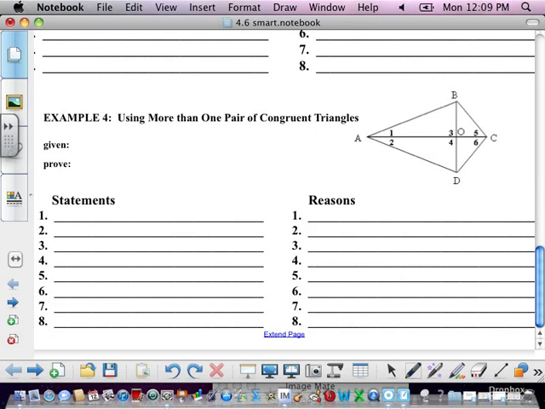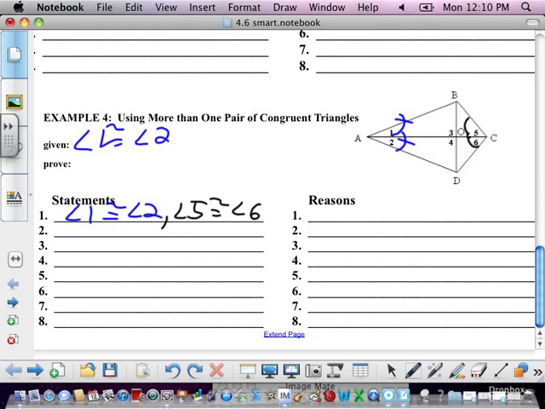Okay. We've got angle 1 is congruent to angle 2, so let's put it right here, and let's mark it. Whoever's got the pen, please stop. Okay. We've got angle 5 and 6.